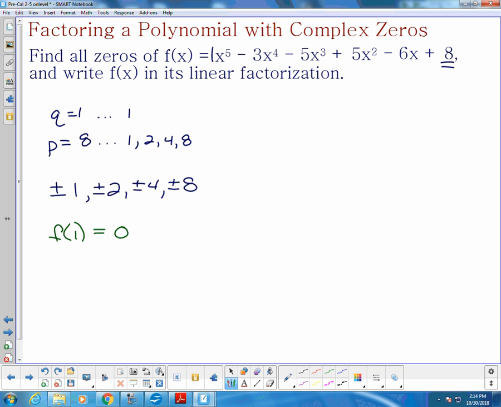I don't think so. If I put negative 2 in, do I get a factor? Yep. If I put 4 in, does it work? Yep. So as soon as you get, I got 3.